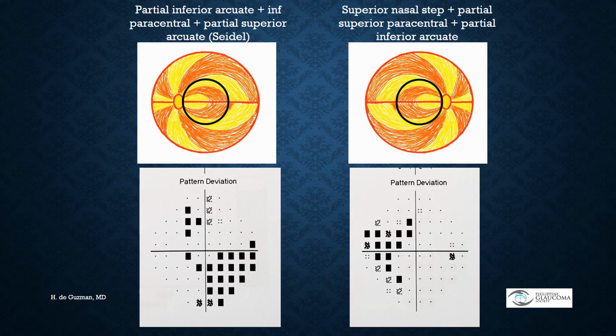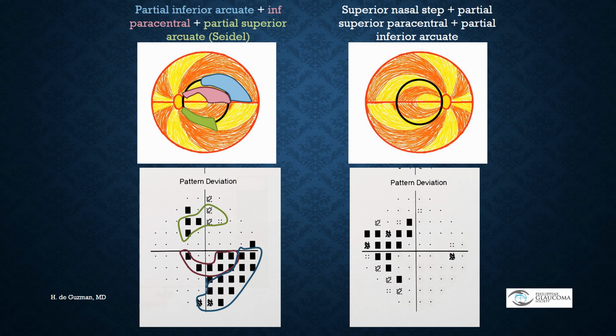It gets confusing when there are multiple defects in a single visual field and the defects are all differing degrees or sizes, or they're not complete. Here is the partial inferior arcuate defect with the corresponding area of the retina affected, the inferior paracentral, and the partial superior arcuate.